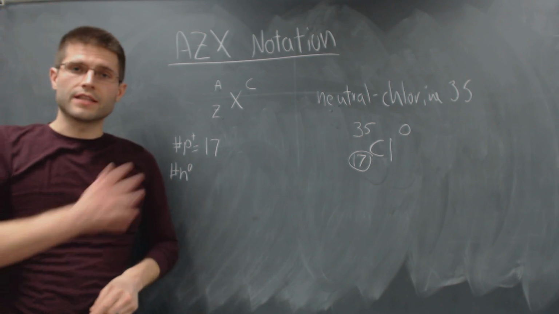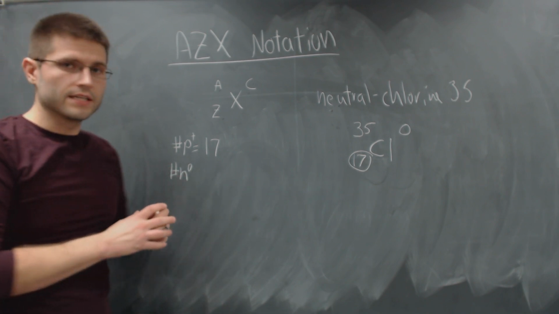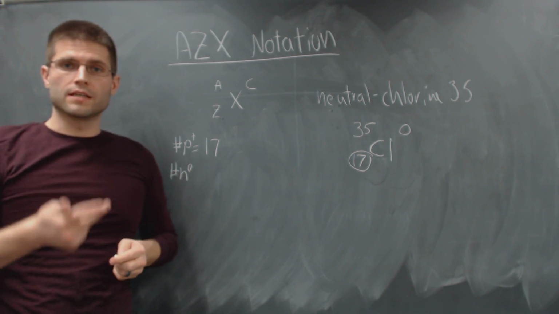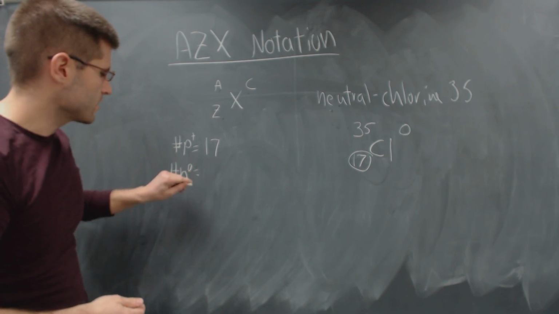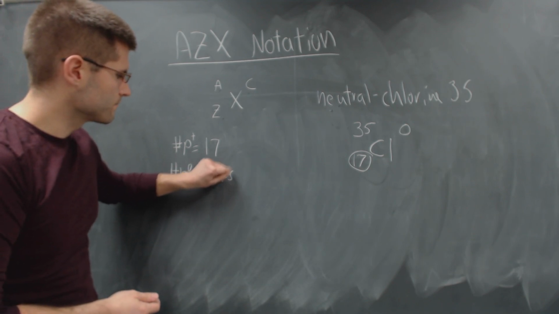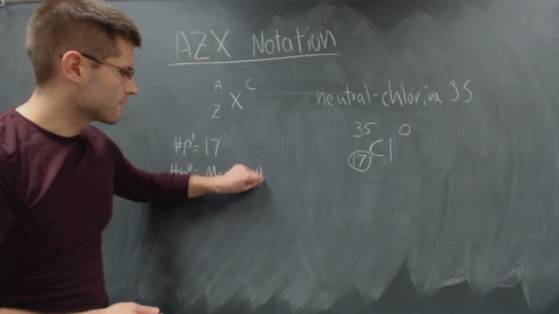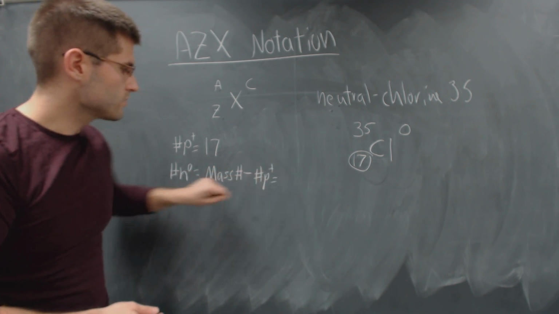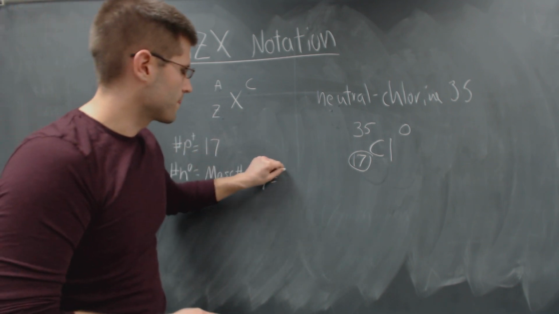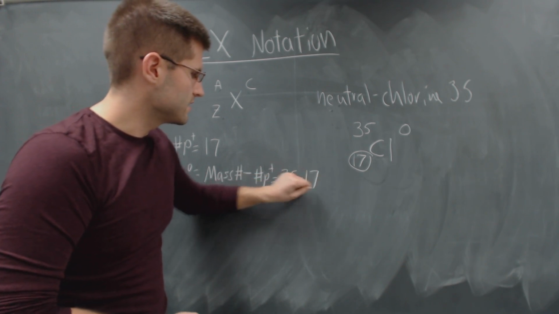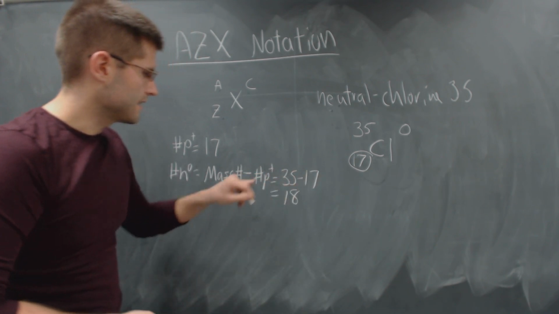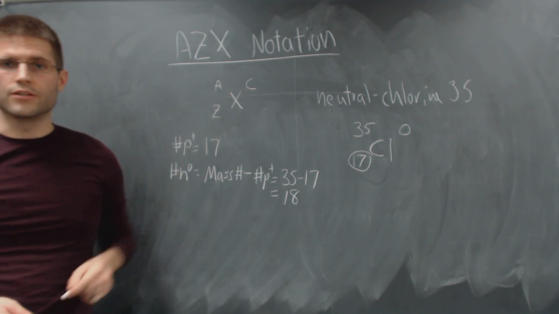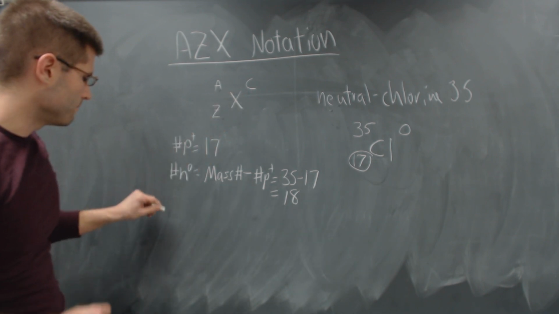Well, we had an equation that I erased that calculated the mass number using the number of protons and number of neutrons. So we can rearrange that equation to give you the mass number minus the number of protons equals the number of neutrons. So I put in 35 minus 17 gives you 18. That tells us that we have 18 neutrons in a neutral chlorine-35 atom.